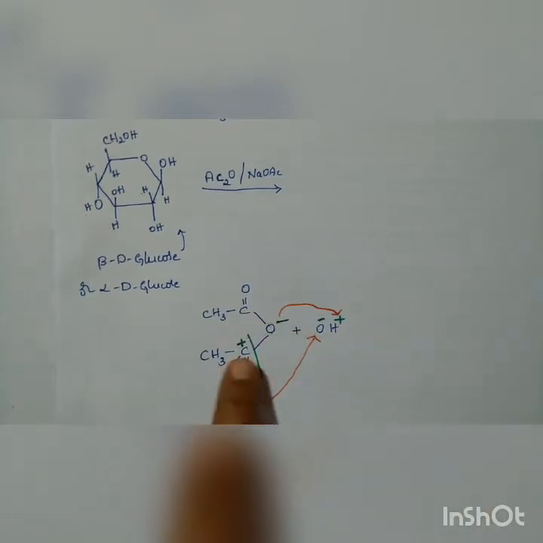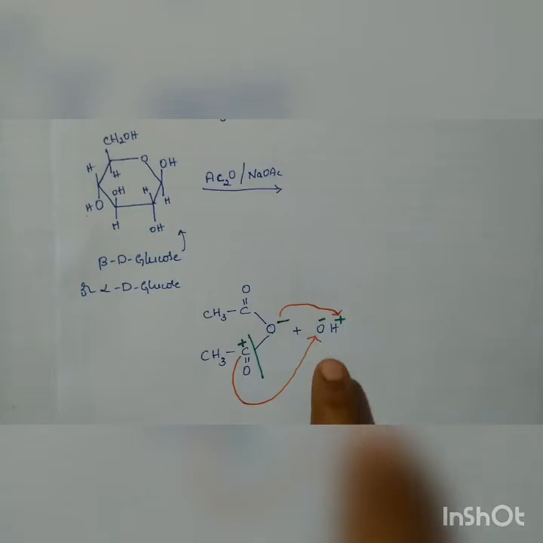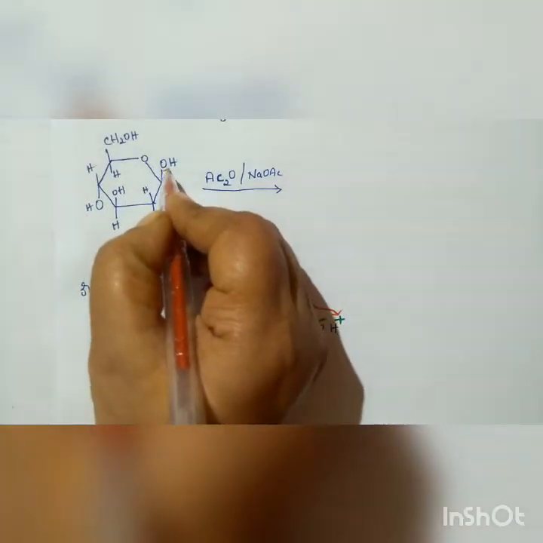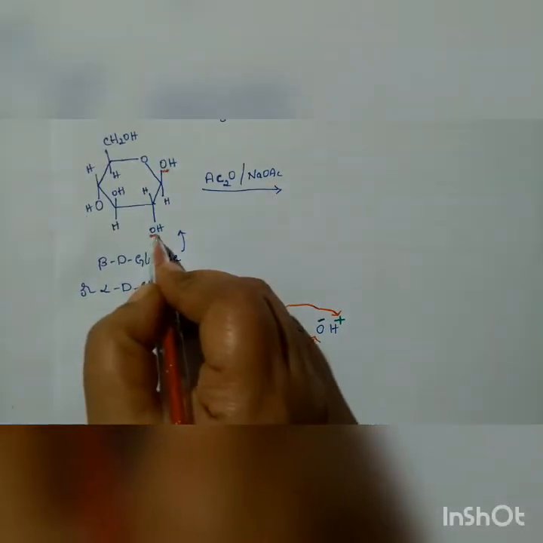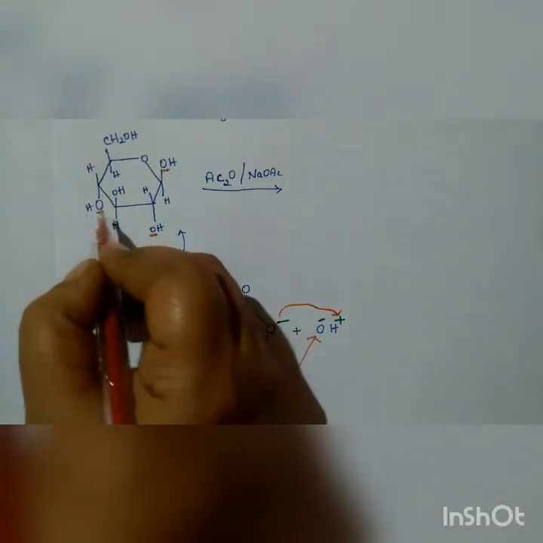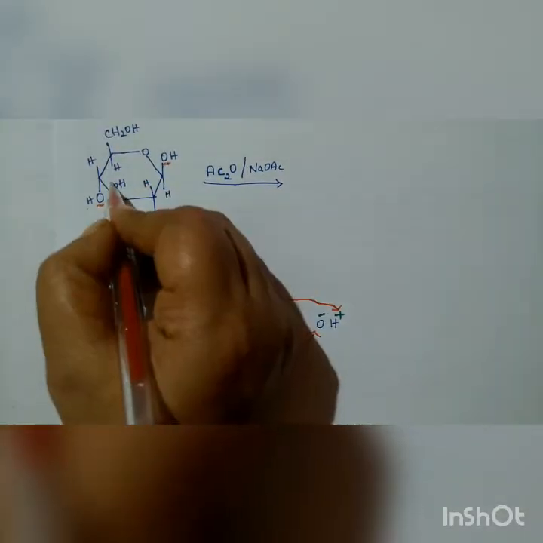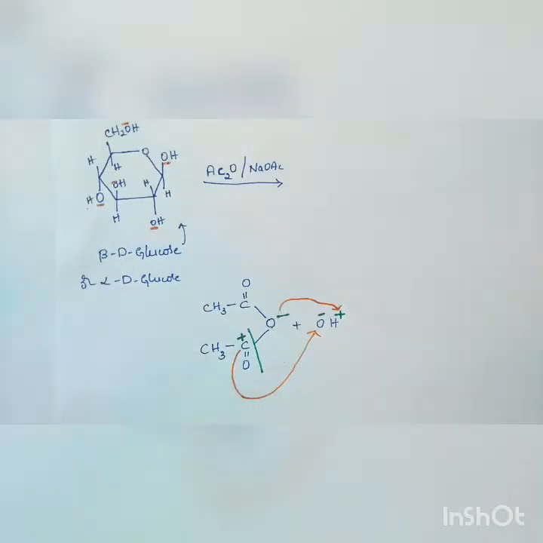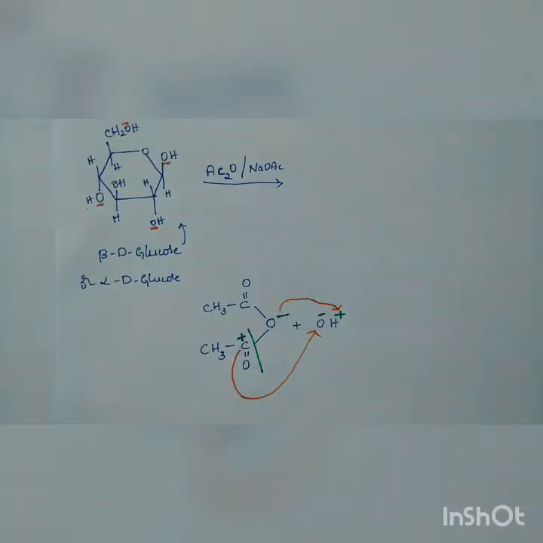So here the CH3CO, C plus, combines with O minus. Where are these O minuses? They are these ones: one here, one here, one here, and one here. That is 5 O minuses.